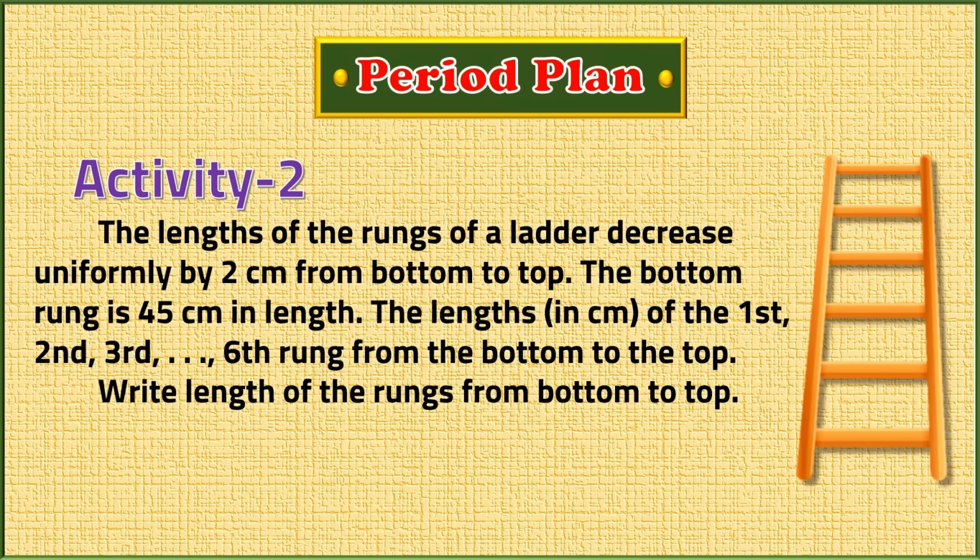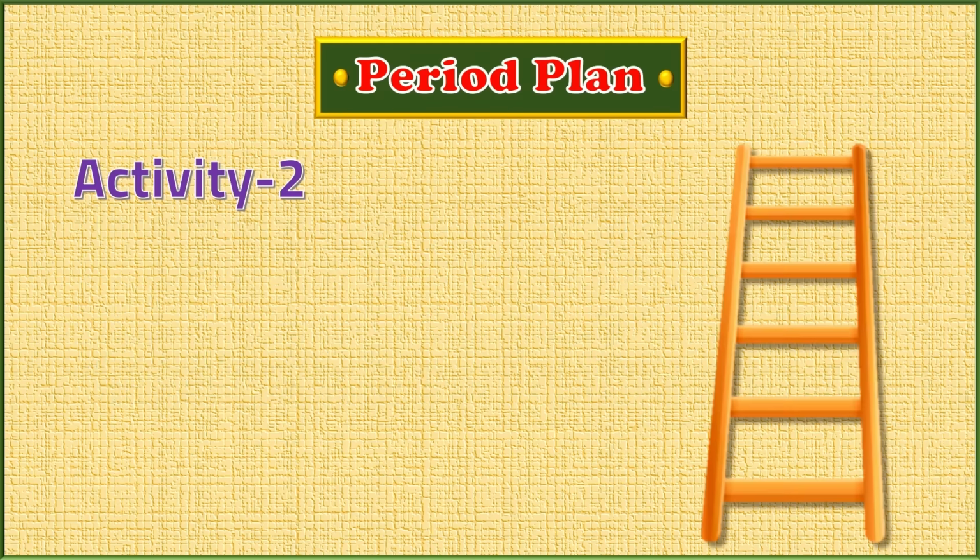Okay. Now we will encourage the students to do the activity as a whole, as a group, as a peer group, by asking questions, giving some instructions, and following some more strategies. Here is the solution. What is the length of the bottom rung? 45 centimeters.